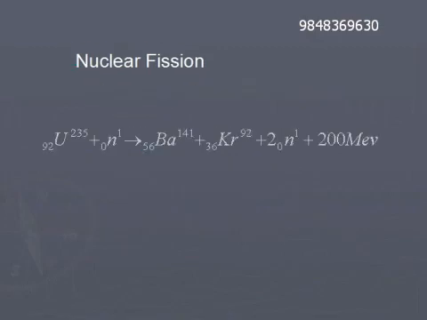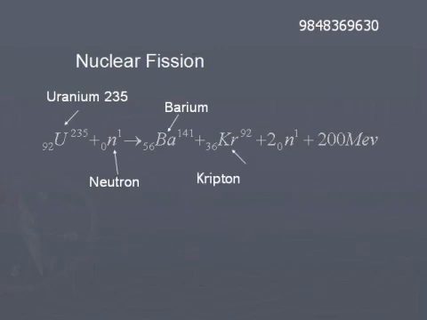The reaction can be written as: uranium 92U235 plus neutron 0n1 gives rise to barium 56Ba141 plus krypton 36Kr92 plus 2 neutrons, 2 times 0n1, plus 200 MeV.